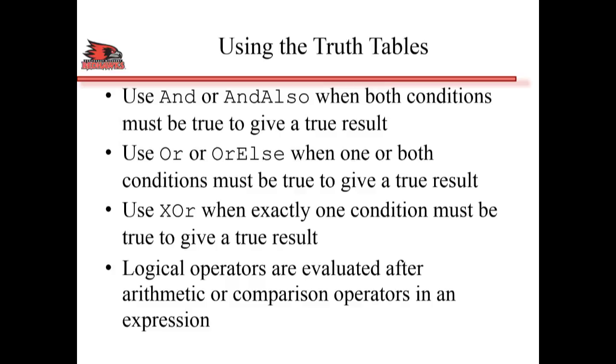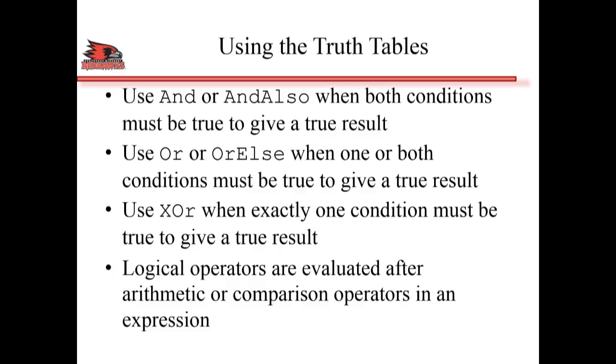Now XOR is different in the sense that it is true when only one and only one condition is true. So out of two, if the first is true and the second one is false, it's actually true. If the first is false and the second one is true, then it's also true.